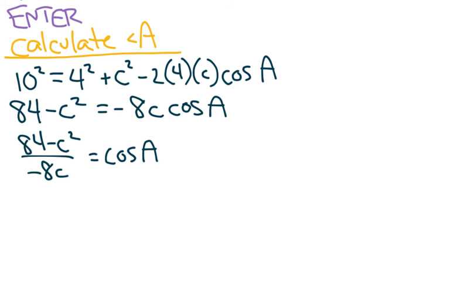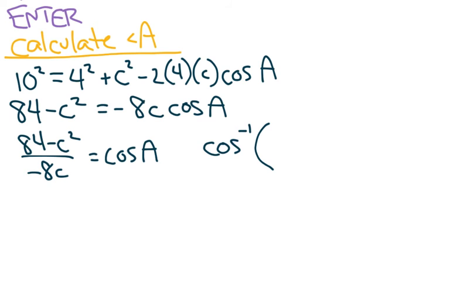So that looks a little bit tricky, and especially if we punch that in the calculator, we need to be really careful as we enter that with parentheses and stuff, otherwise we'll get a quite incorrect answer. So the last thing that we'll do is take the arc cosine of both sides. And so I'll write that to the right here. So that becomes, I'm not even going to use that arrow, it could be confusing.